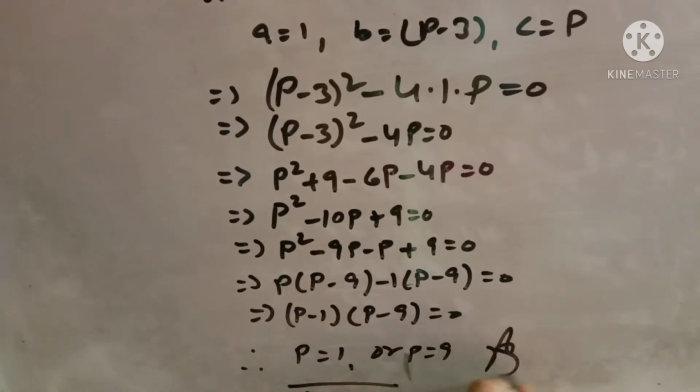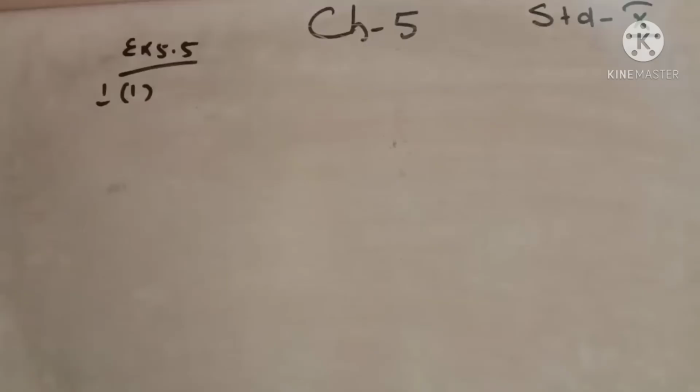Write down please. Now we have to go for exercise 5.5, that is framing the equation. Exercise 5.5 question number 1. Here we have to solve the quadratic equation word problem. Find the two consecutive natural numbers such that sum of their squares is 61.